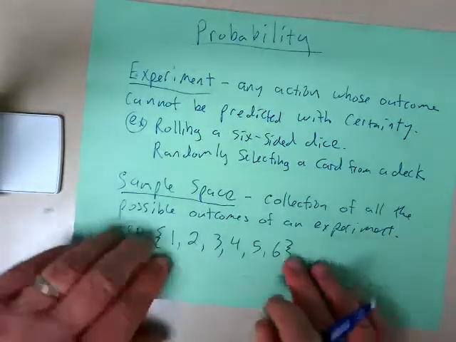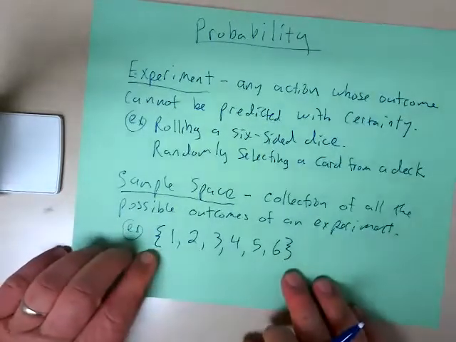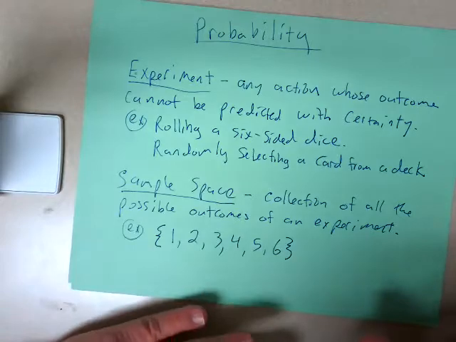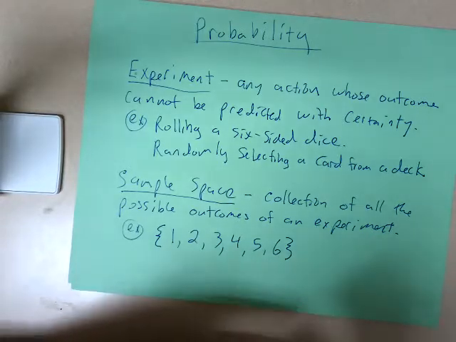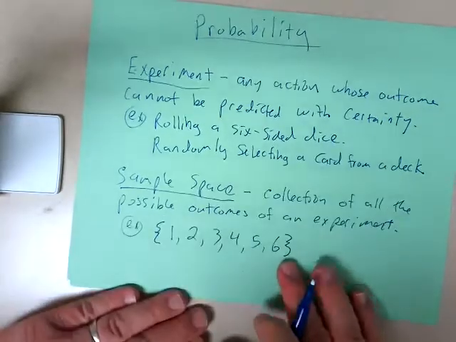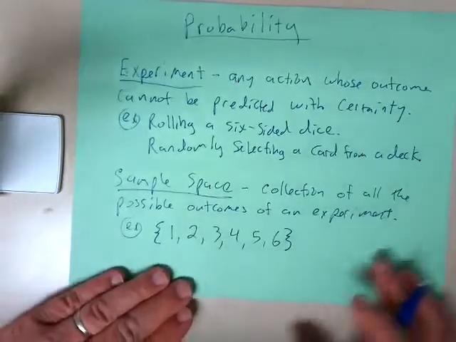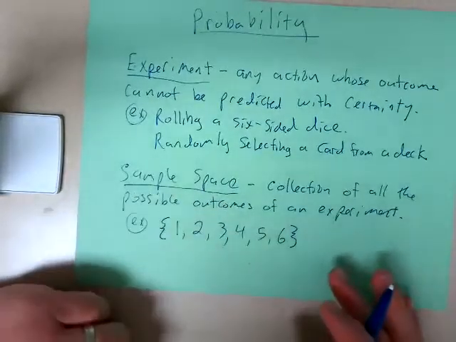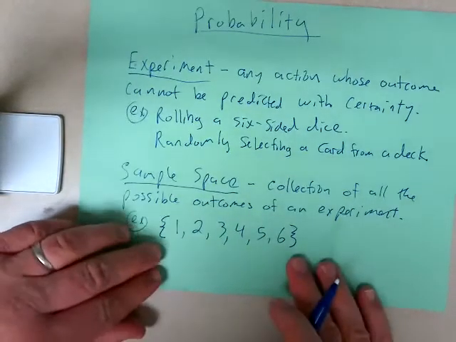So we could list them out in brackets like this. So if you've ever learned about sets, this is kind of related to sets. We're not going to do anything with sets. We don't need to know about sets. But this is the sort of notation that you use when you work with sets. Okay? So there's only 6 outcomes. Very simple sample space.